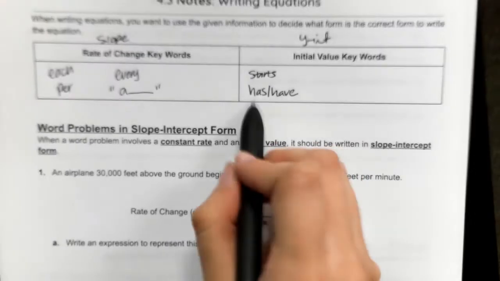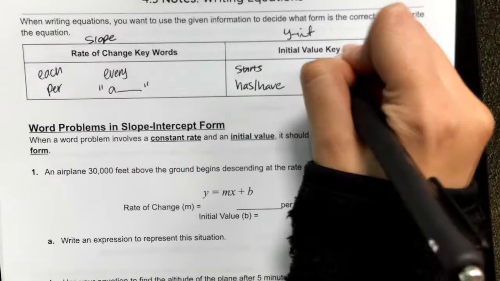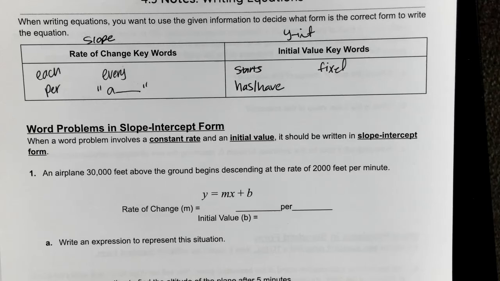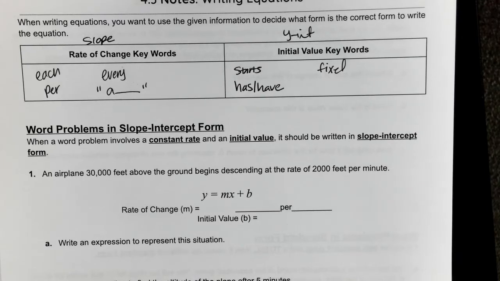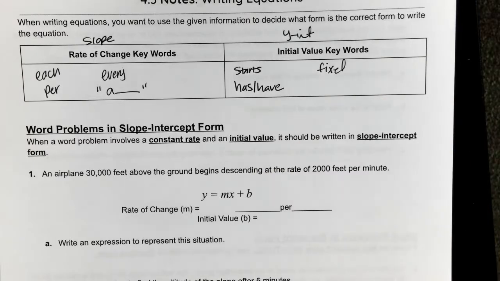Anything in the past tense lets you know this is my starting amount. Something else is fixed. If we have a fixed rate, something that you pay no matter what, such as a delivery fee. A lot of times you pay the delivery fee no matter what, even if you order a lot of food or a little amount of food. So these are my general key terms.